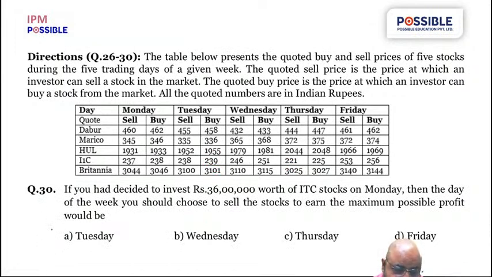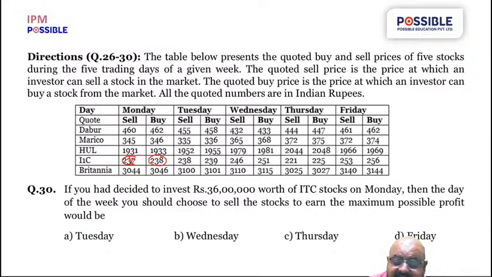Question 30. If you had decided to invest 36 lakh rupees in ITC stocks, buying ITC on Monday, which day of the week should you choose to sell the stocks to get the maximum possible profit? I will sell when the price is highest, right?